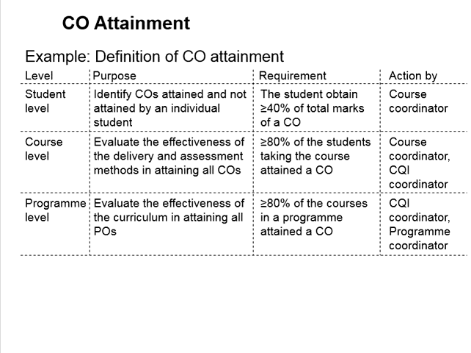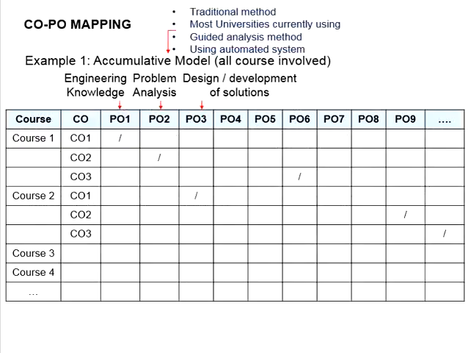The purpose of analyzing at the program level is to evaluate the effectiveness of the curriculum in attaining all the POs. Now, how do we know the attainment of the POs? This has to go back to the CO and PO mapping, which we have discussed in the early part of this module. There will be a series of courses. Each course will have 3 to 4 COs, and the COs are mapped to respective POs.